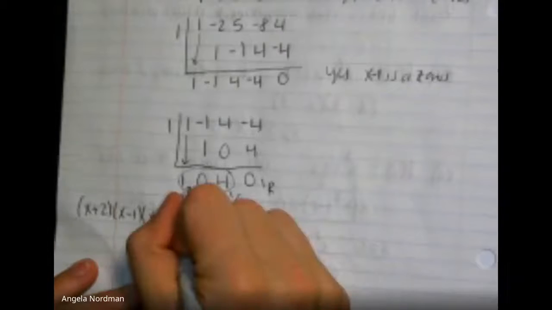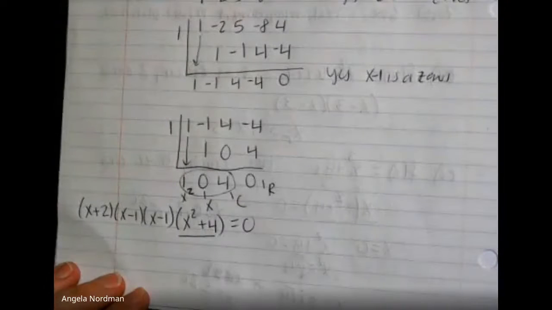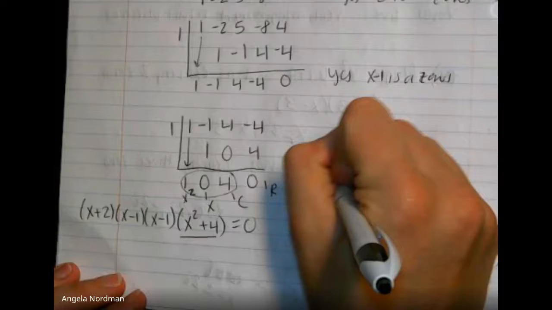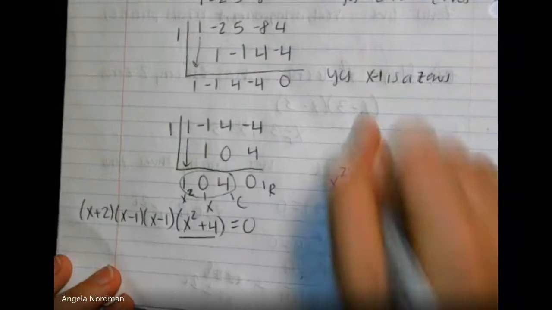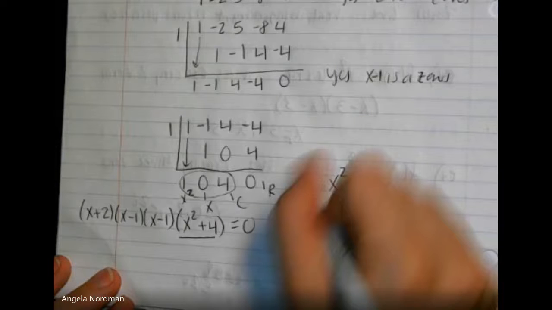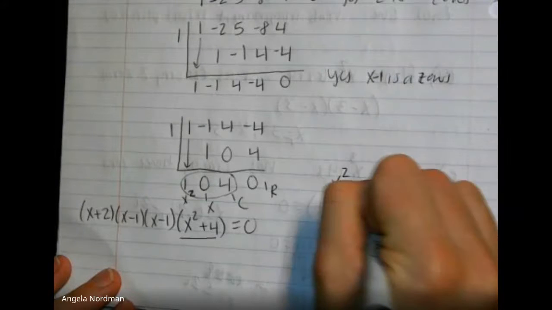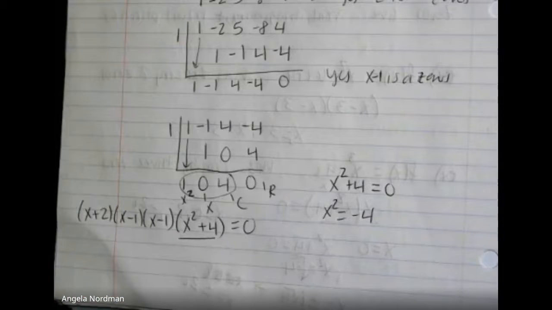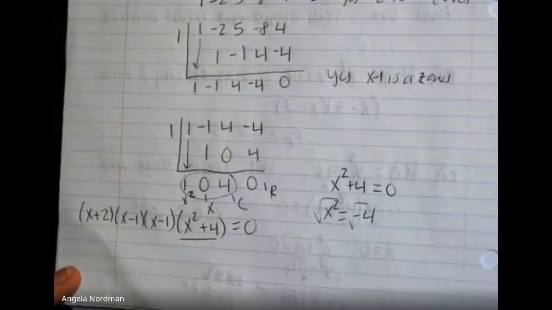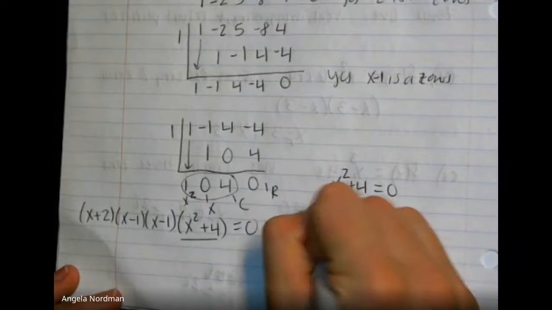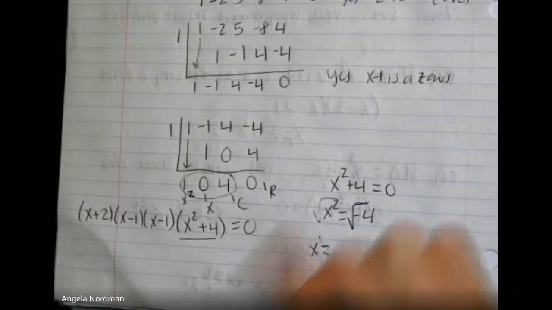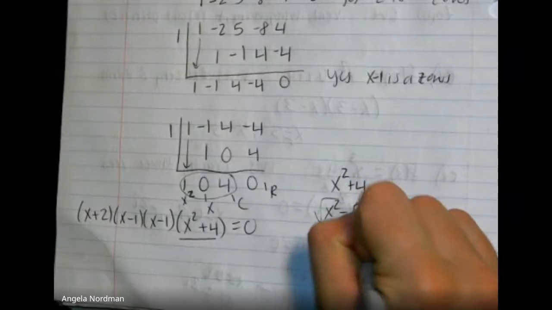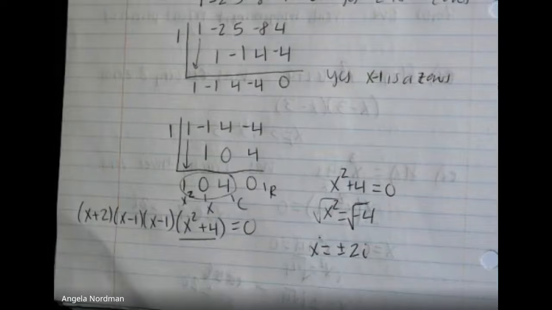So these are all set equal to 0. I have to take this last factor, come over here, set it equal to 0, and solve for x. That will be x squared equals negative 4. Again, we've seen the ending like this before. I'm taking the square root of both sides. x equals, square root of a negative turns into i, and then the square root of 4 is positive 2.